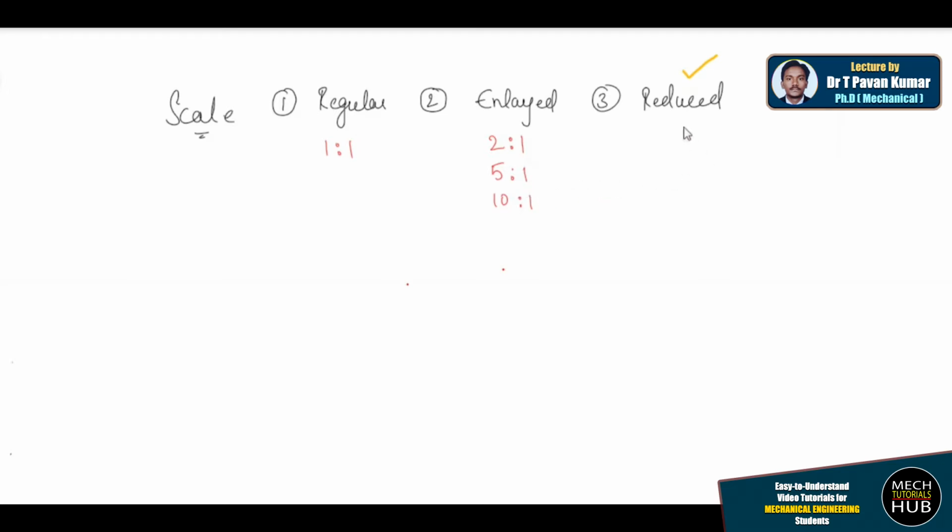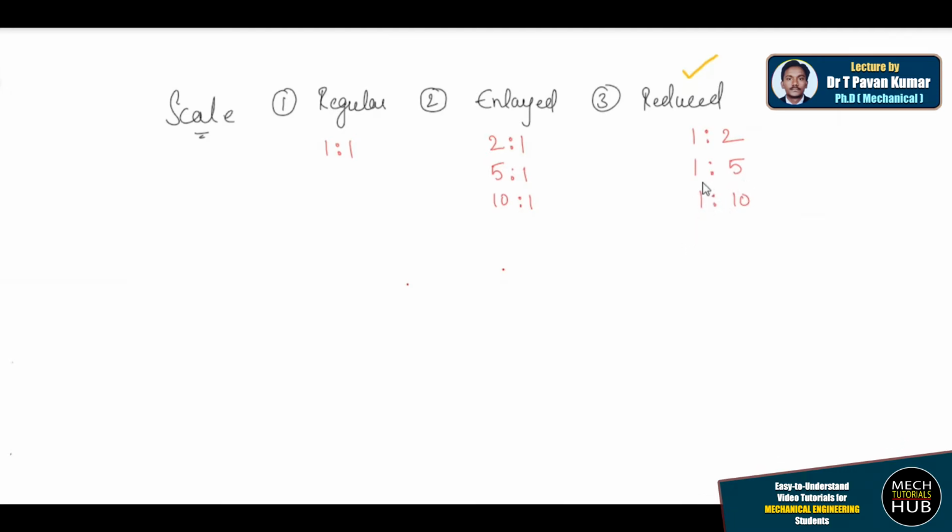Coming to reduced scale, we are trying to scale down the actual given dimensions or sizes of that particular representation. For example, I would like to decrease by 2 times, by 5 times, by 10 times, or else 100 times.